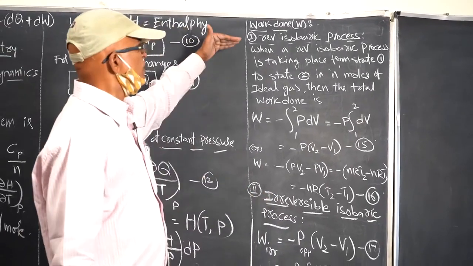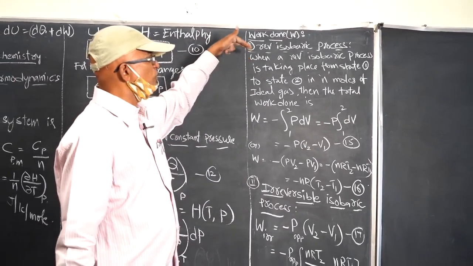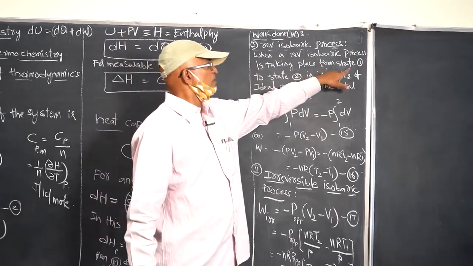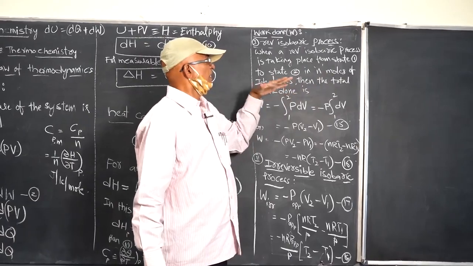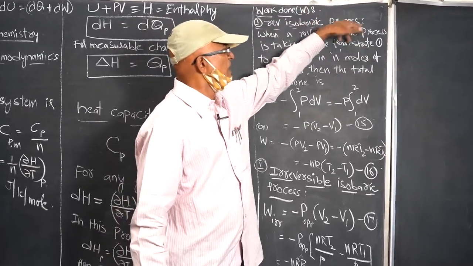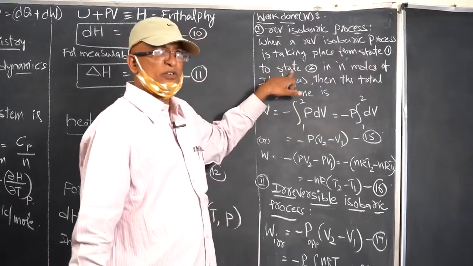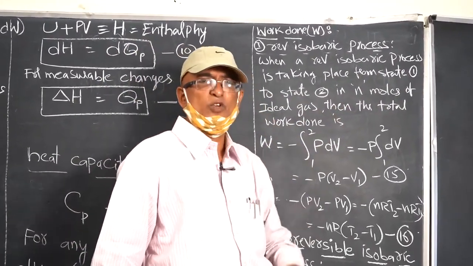Therefore, first we calculate the work done in this reversible process. Here the reversible isobaric process is taking place from state 1 to state 2, and the system is n moles of ideal gas.